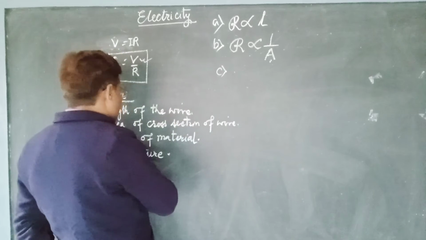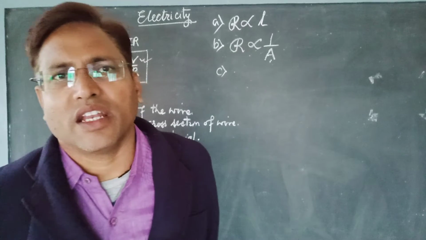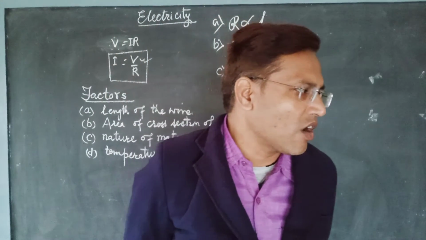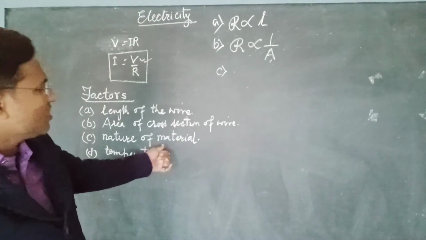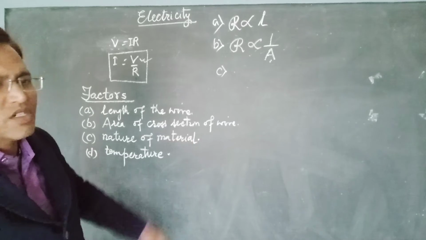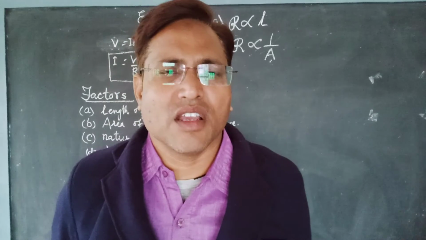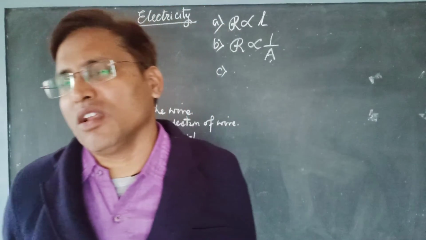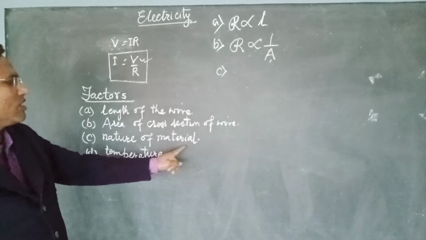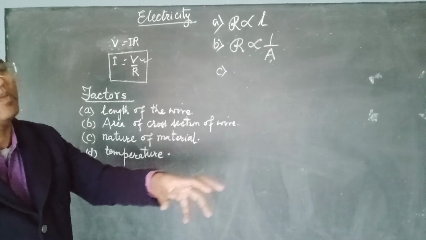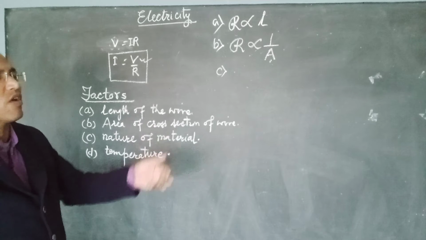Then the third one is the nature of the material. Since different materials have different natures, some allow electric current to pass through them, some do not. So the resistance also depends on the nature of the material, whether the conductor will allow the electric current or not.